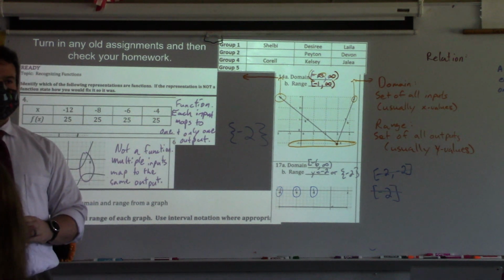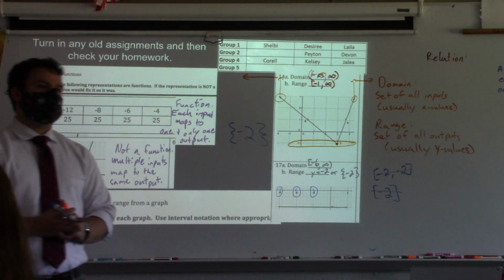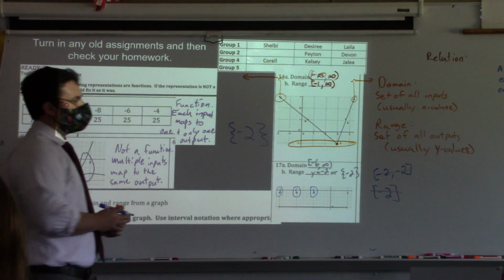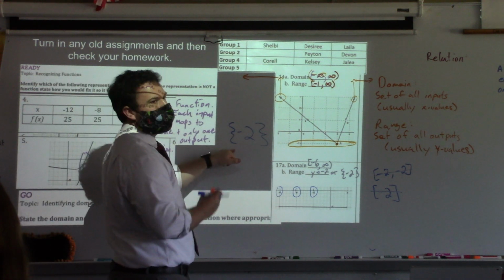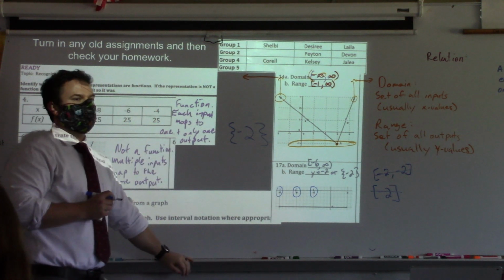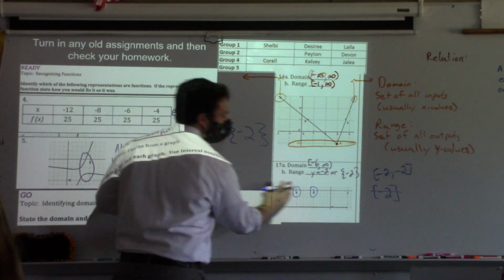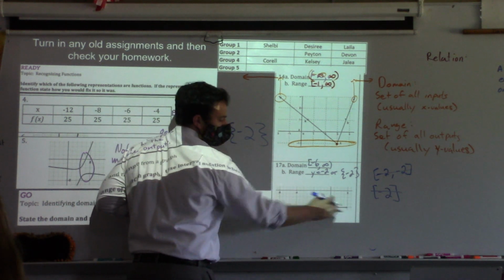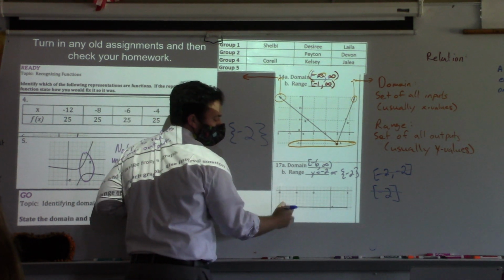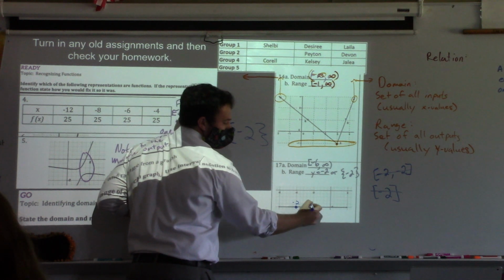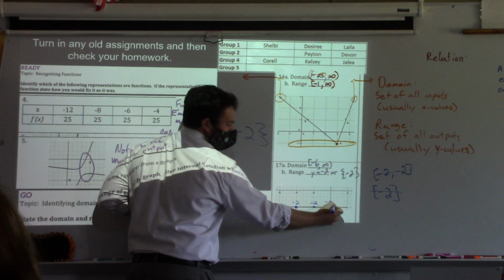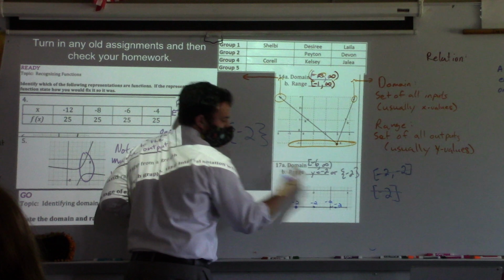Hey, Miss Kim. What did that bracket mean again? Which bracket? The little squiggly bracket. Curly bracket? Yeah. It means the set. So when you look right here at this function, this output is -2. This output is -2. Heck, even this output is -2.